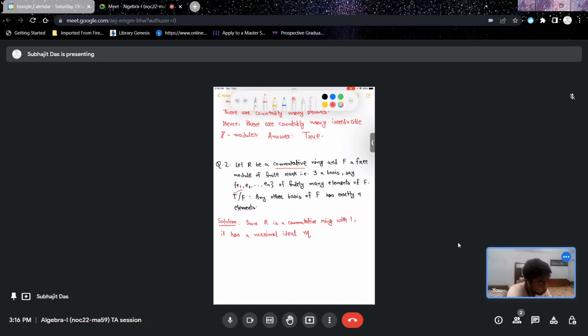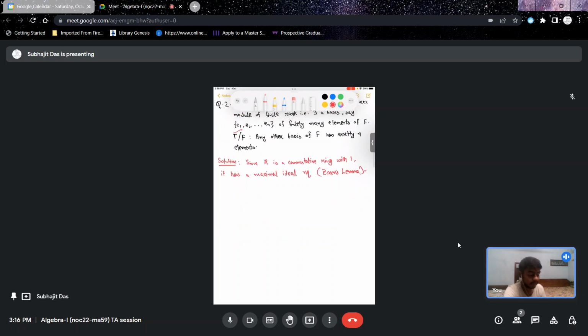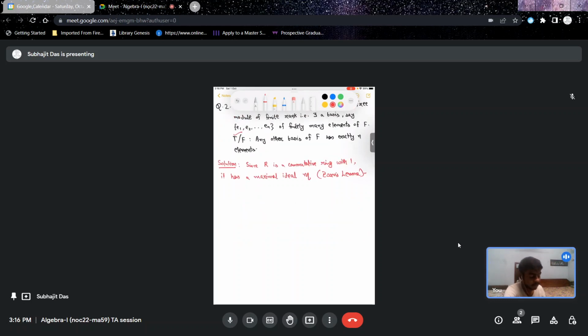And the way we prove this is by Zorn's lemma, which says that if X is a partially ordered set such that every chain in X, that is every totally ordered subset of X, has an upper bound, then X contains a maximal element, okay. So since R is a commutative ring with 1, it definitely has a maximal ideal M, and once we have a maximal ideal, we can produce a field, okay.